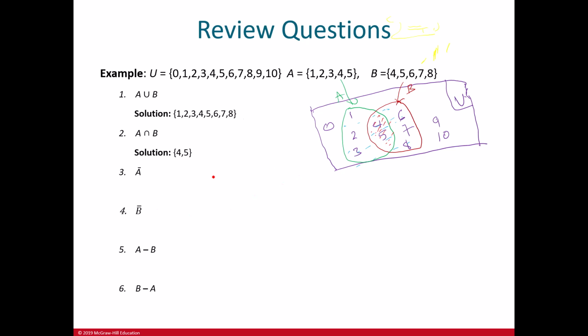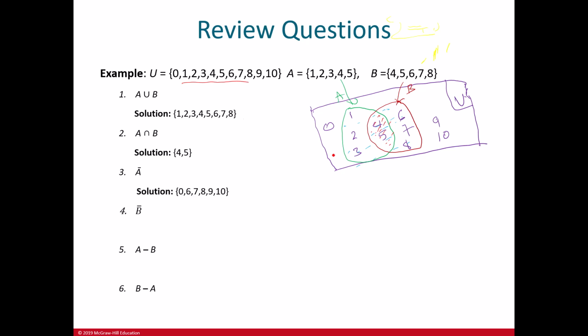Now the complement of A: the elements that belong to the whole U but don't belong to A. So we're looking at everything outside of the boundaries, outside the green lines.